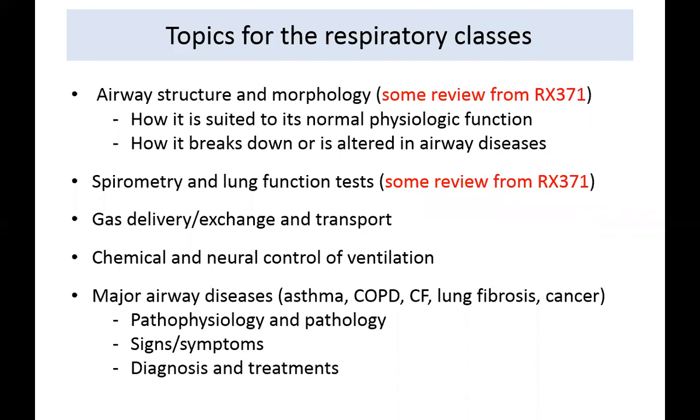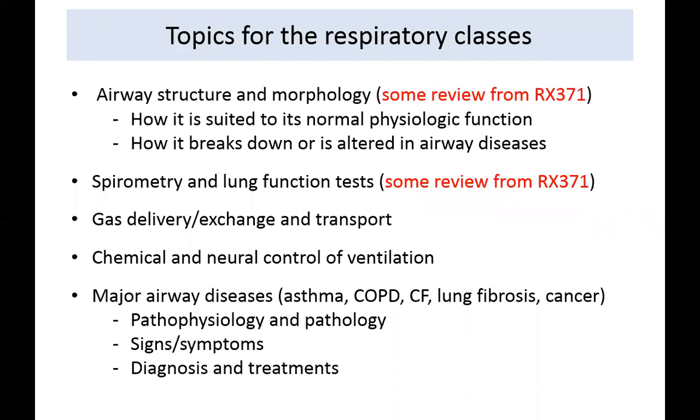So we're going to talk about the structure, and how it breaks down in various airway diseases. We'll talk about how the gases, oxygen and CO2, are delivered or removed, how they're transported in the blood, chemical and neural control of ventilation, and then how these all break down in the major airway diseases.